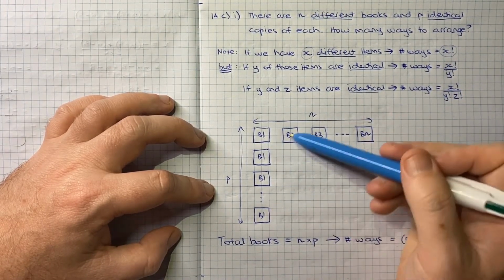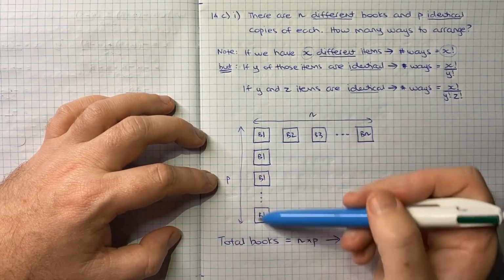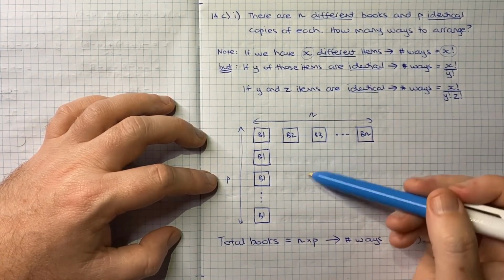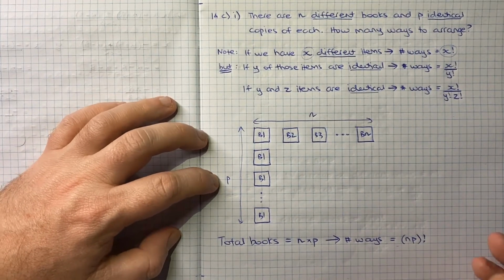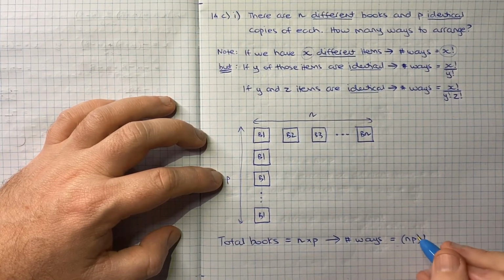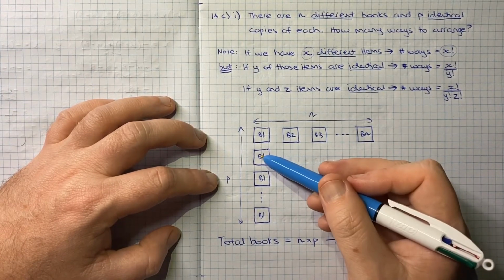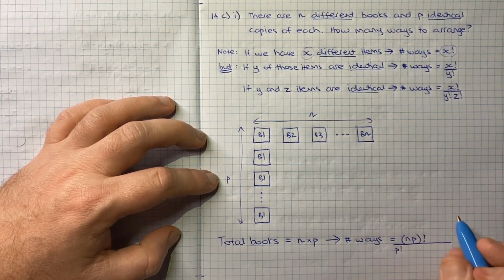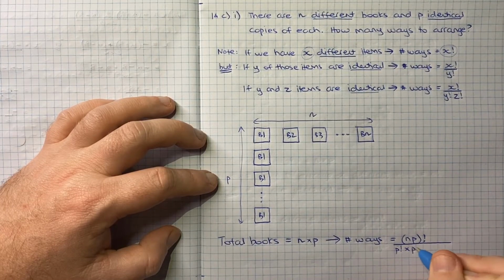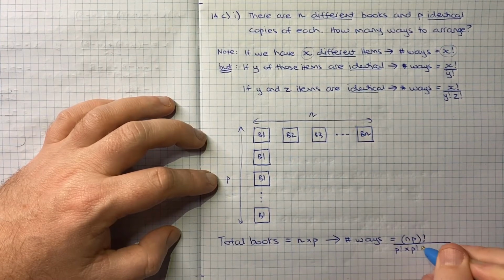But we know we've got identical copies. In this case, it's not y and z being identical, it's p every time. Every time we've got p identical copies of b1, p identical copies of b2, and so on. So we need to adjust this. So actually, the number of ways is not just (np) factorial, we've got to divide, and what we have to divide by is, well, first of all, p factorial to deal with the identical b1s, and then by p factorial again to deal with all the b2s, because it's p copies of those, and so on.